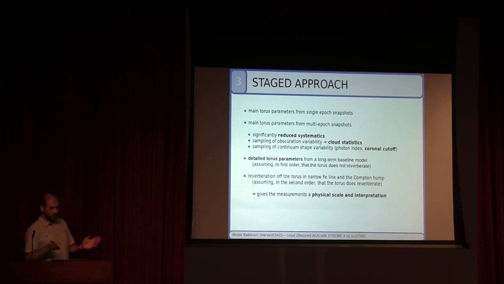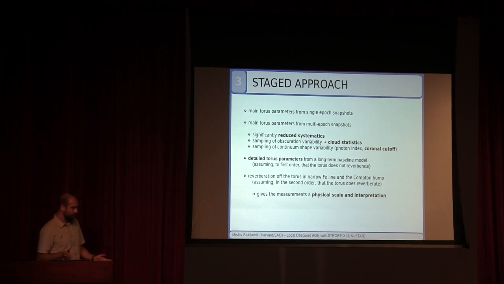So this is sensitive to orientation effects, for example. So you get detailed parameters of the torus from a long-term baseline model where you co-add or model self-consistently 100 single 1 kilosecond observations.